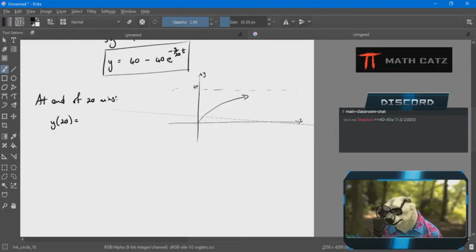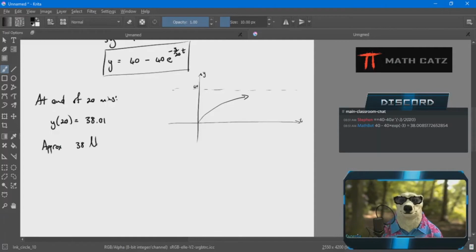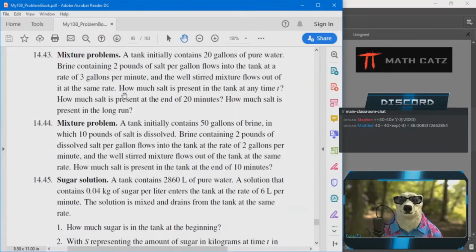MathBot says 38 point, let's go 0.1 if we round to 2 decimal places. So approximately 38 pounds of salt after 20 minutes.